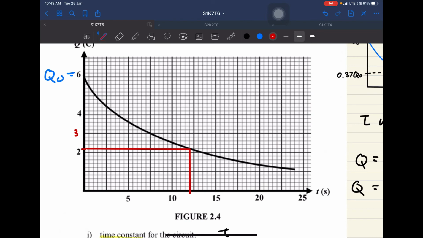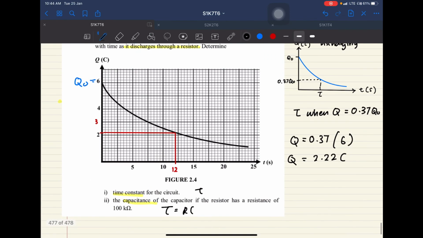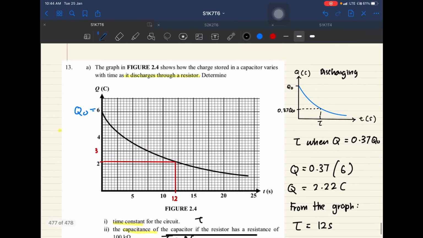So each one of these is 0.5. So 0.5 times 4 is 2, plus 10, I got 12. Or you can label one by one. So here, from the graph, tau is equal to 12 seconds. This is for question 1.